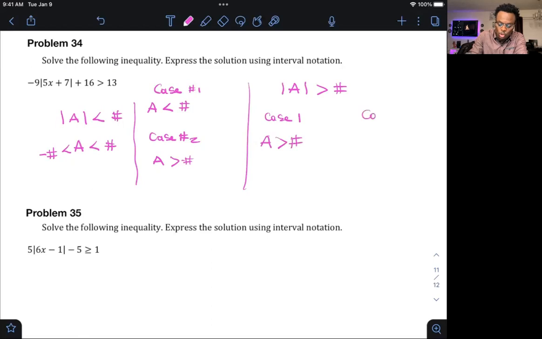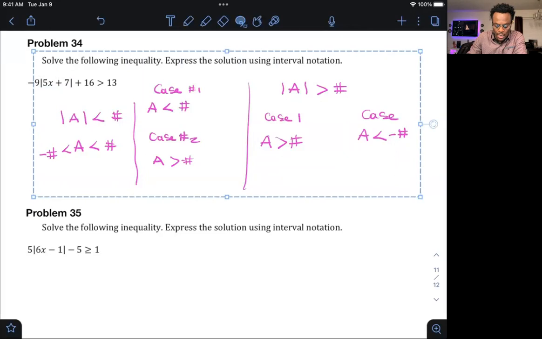And then case 2, you drop the absolute value, you flip the inequality sign, and you change the sign of the number to solve the inequality. And then you solve both of them, and it gives you the answer.